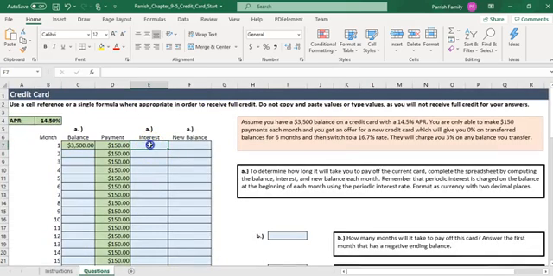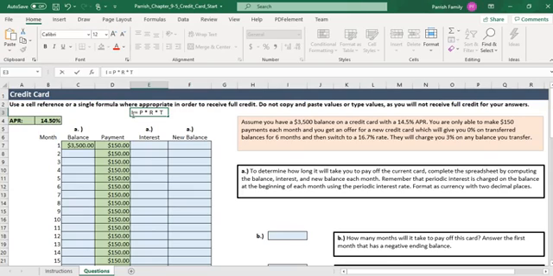So we have this calculation here, and interest is equal to the balance. Okay, so our formula for interest is equal to the principal times the rate times the time. So the principal is the amount of money that we're borrowing, which is $3,500 in this case. The rate is the 14.5%, and the time is 1 month.